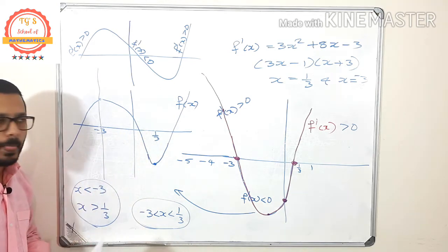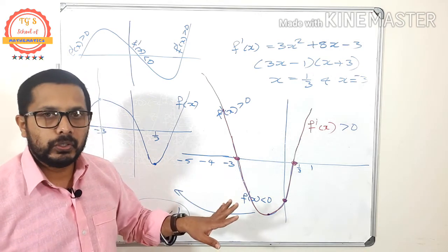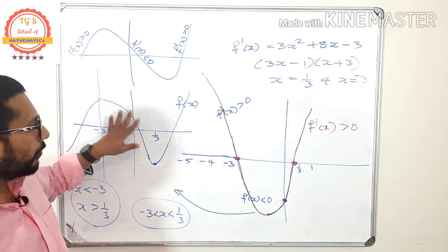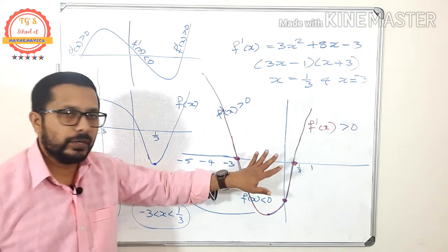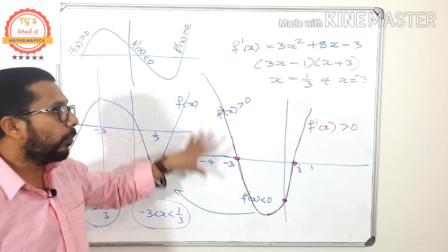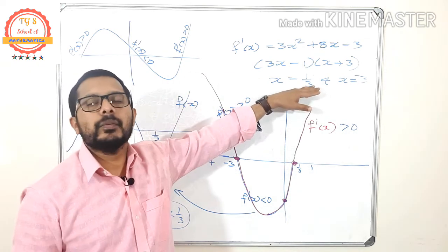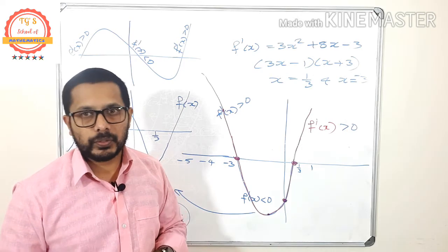That's all. So try to understand how to draw an f of x graph from an f dash of x graph. That will help you understand more clearly, and this is the easy method to write the answer.